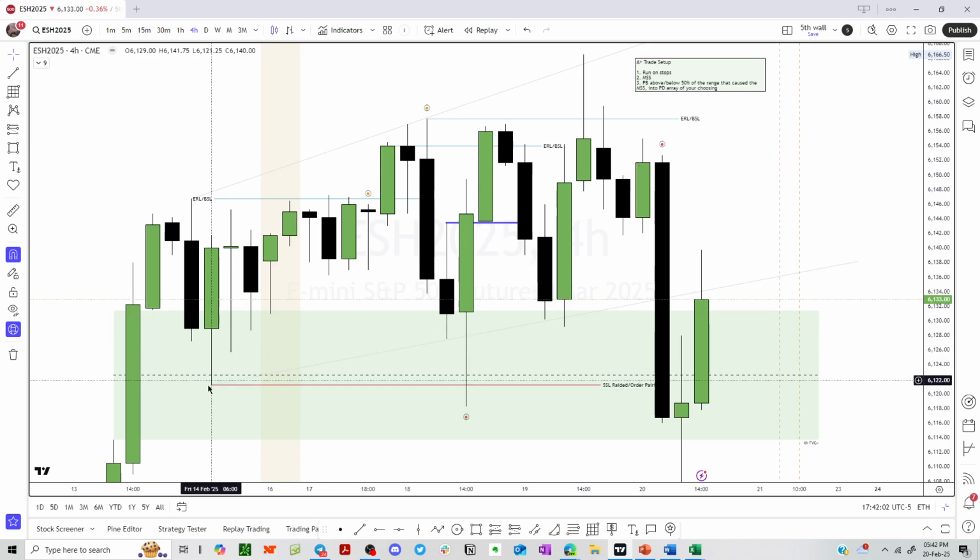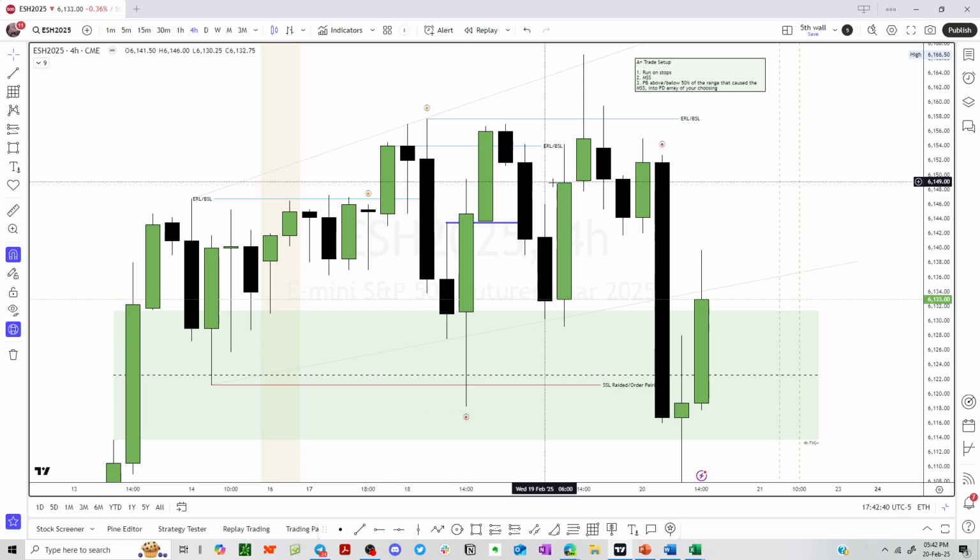But we did successfully, logically determine internal range, external range, back to internal range, to external range. We have a failure swing here. We have price running the bodies of the candles, part of the wicks as well, but we focus on the bodies here, pulling back down into the 4-hour fair value gap, then taking out external range again.